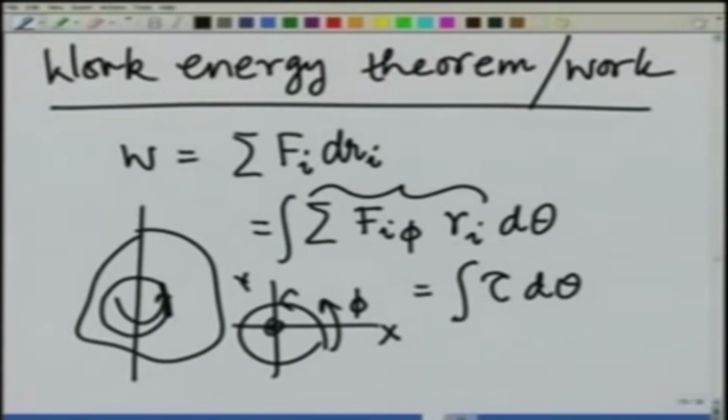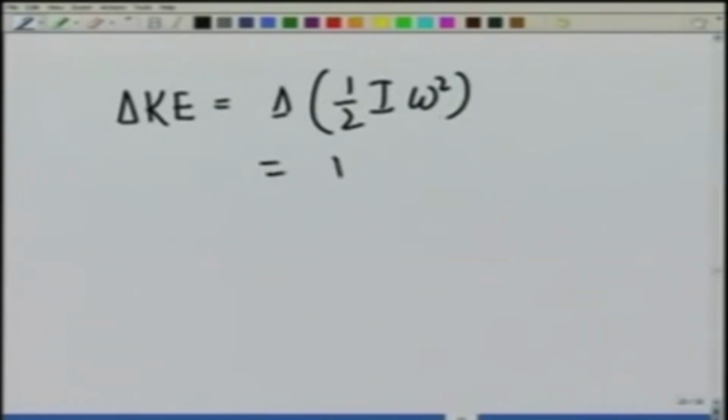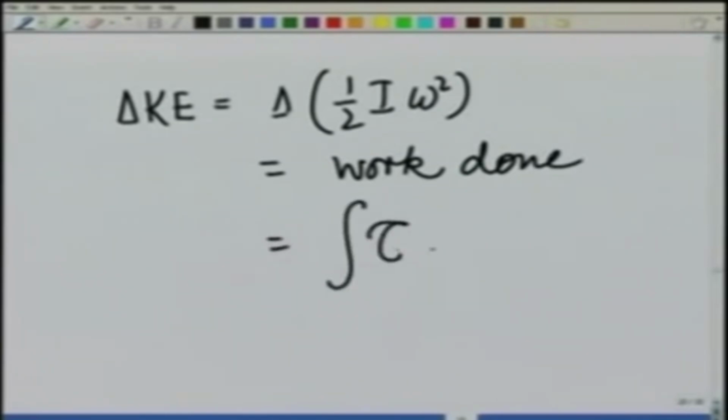Once we have determined this, the work energy theorem is that the change in the kinetic energy, that is delta of 1/2 I omega square, is going to be equal to the work done, which is nothing but the integral of tau d theta. Similarly, if I apply an impulse to a single body, what happens to its momentum?